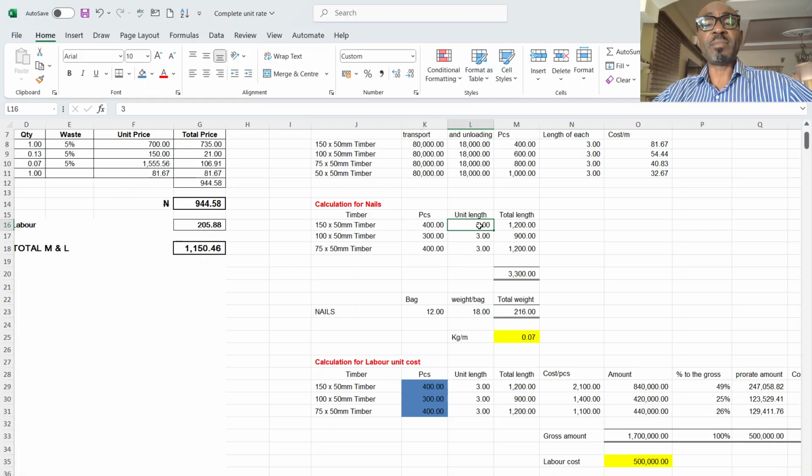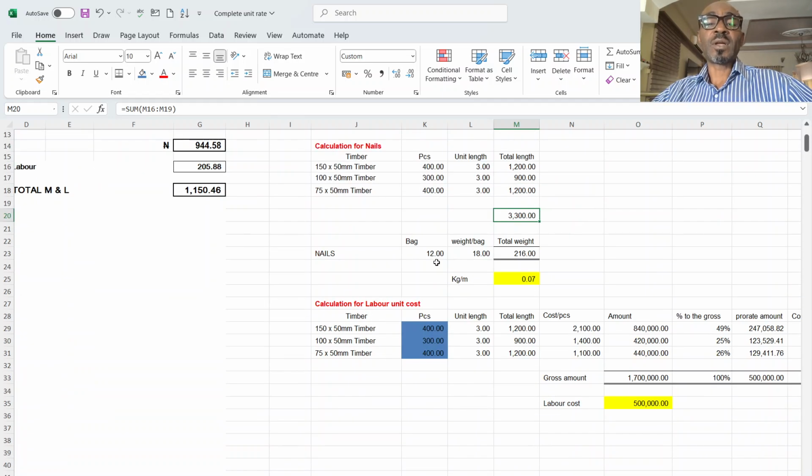The linear meter is 3 meter. You multiply 3 meter by 400, which gives you the total linear meter of the wood for 150 by 50, and it gives you 900 for 100 by 50, and 1,200 for 75 by 50. You sum them together and you have the total linear meter. To execute that roof, you actually used 3,300 linear meters of wood.